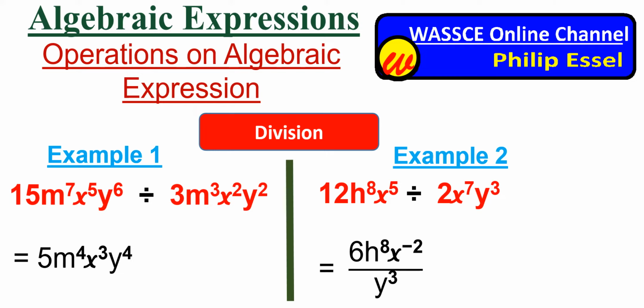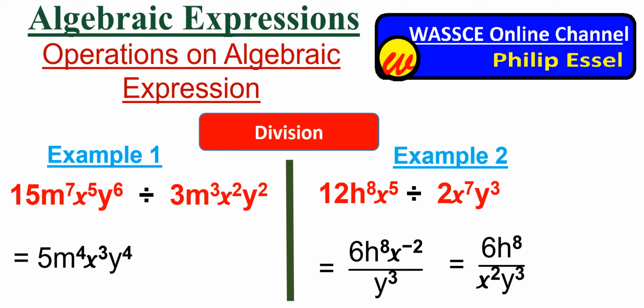So we make the x a denominator, then we change its negative exponent to a positive exponent as shown on the screen. And when we do this, we would get 6h exponent 8 divided by x exponent 2, y exponent 3. So that's our final answer.